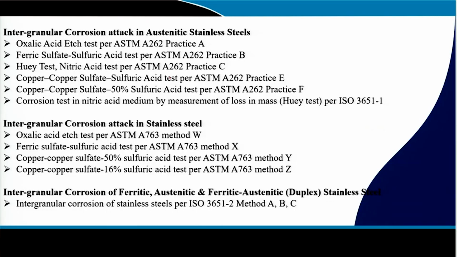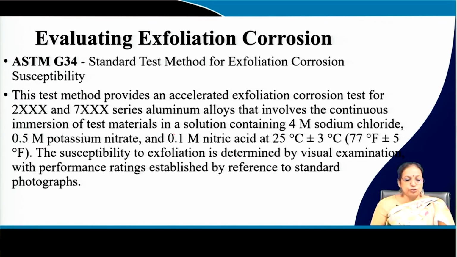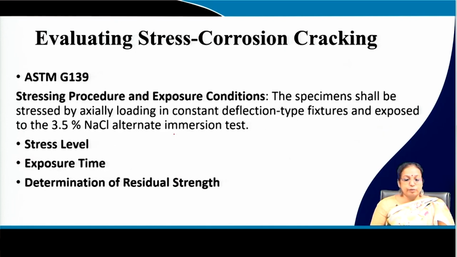Intergranular corrosion again in austenitic stainless steel, these are the different test procedures that are followed. Due to paucity of time I am not reading all these things; they are available in the ASTM handbook, and you can also refer to the things noted over here. G34 is used for exfoliation corrosion testing, particularly for aluminum alloy, where this particular corrosion is very much applicable.